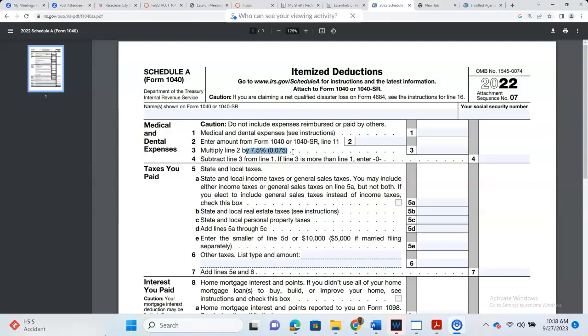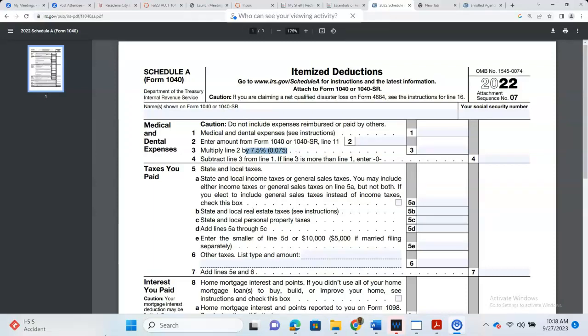That means they have a lot of medical issues. Normally they look healthy and have a little bit of medical expenses, they show it to you, but normally it's not going to be used in most cases because it's hard to get above 7.5% of AGI.